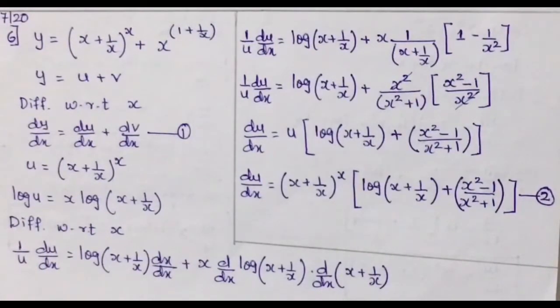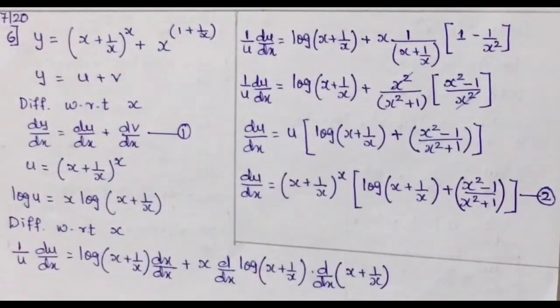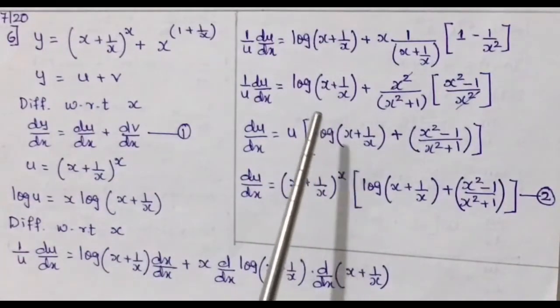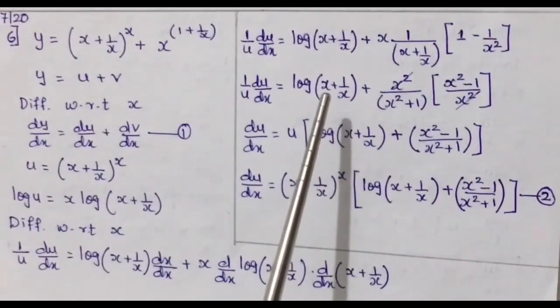Chain rule is used. Now log u derivative becomes 1 upon u and we write there du by dx. Now if we differentiate dx by dx, it will be 1.